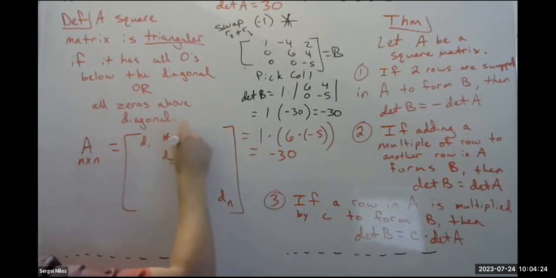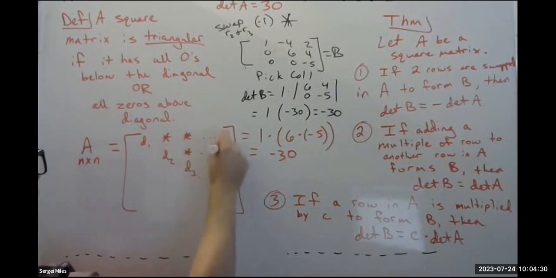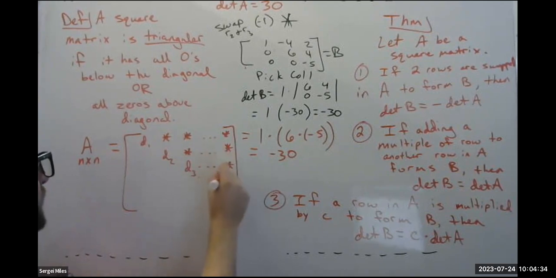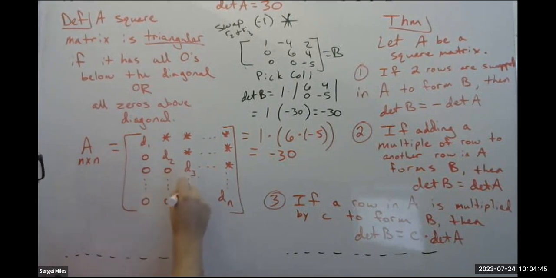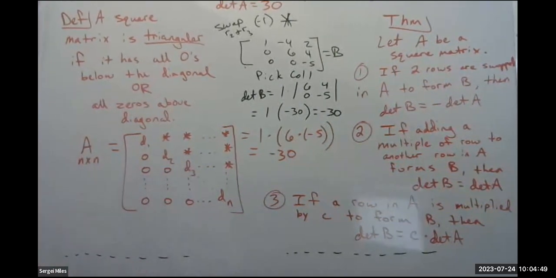And I don't really care what's above it. All I care about is that it's triangular, right? So I'm putting these stars in because it really doesn't matter what's here. But it does matter that I need all zeros below the diagonal, right? I need all zeros below the diagonal.